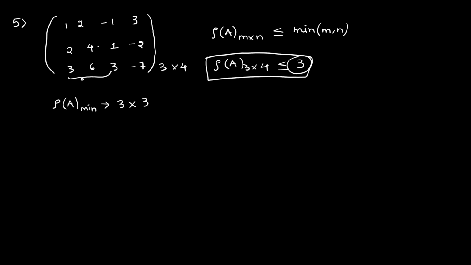This is one matrix, this is one matrix, this is one matrix, and 1 minus 1 3, I'm checking the rows, 1 minus 1 3, 1 2 minus 1, 1 2 3, and this is another matrix.